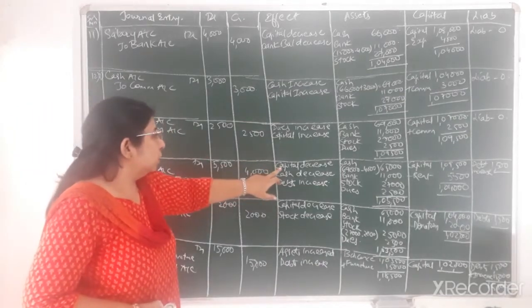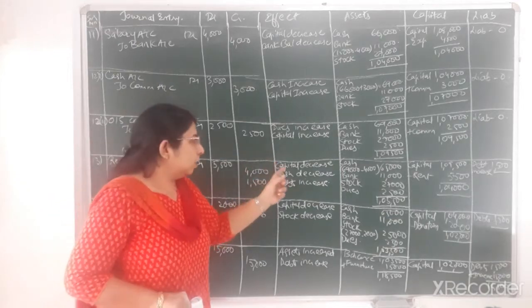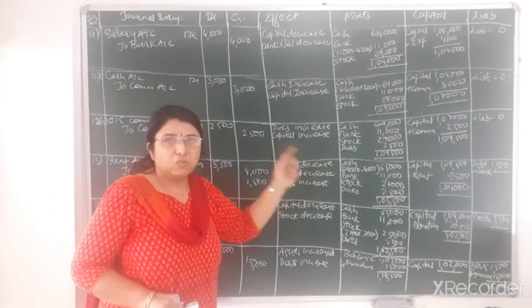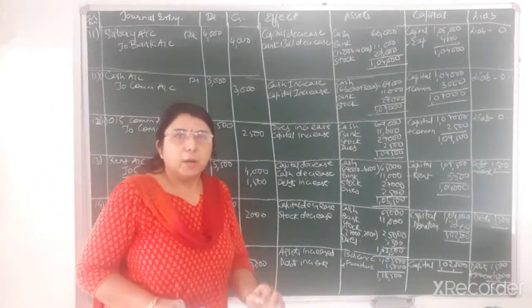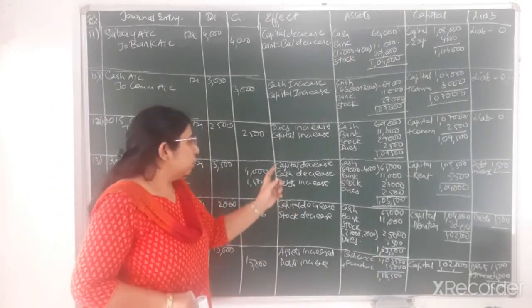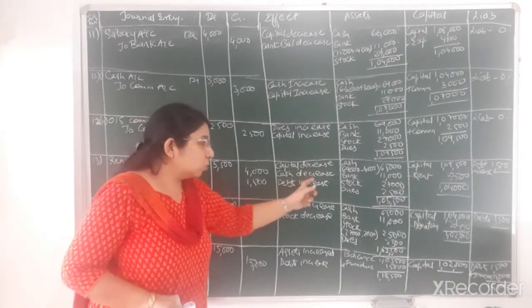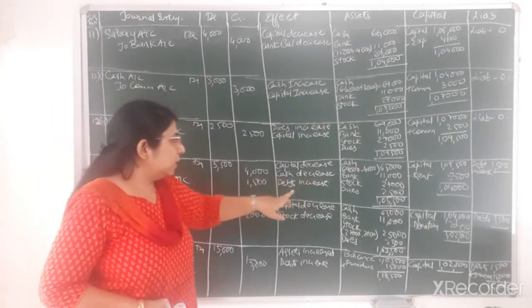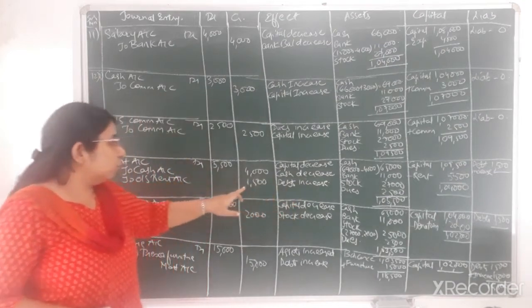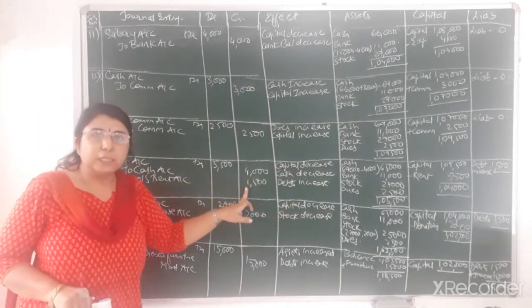First, due to rent payment, capital will decrease because it is an expense. We already discussed it. Due to expense, capital will decrease, and due to income, capital will increase. Cash will also decrease because we have paid 4,000 in cash, so that much amount of cash will decrease, and debts will increase because in future we have to make payment of that amount, that is 1,500.